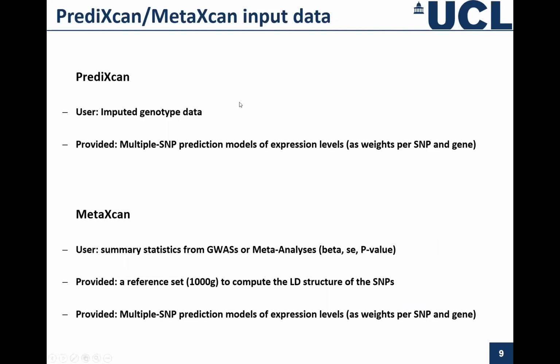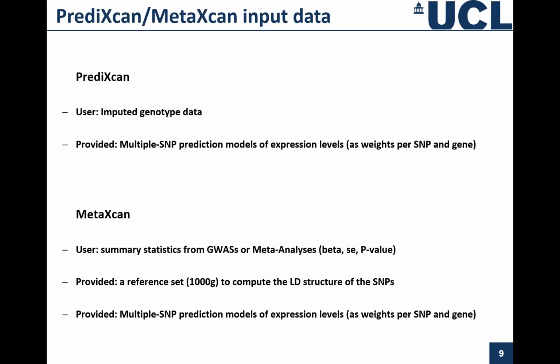So then, to emphasize the simplicity for the user, especially of the whole methodology: for PredictXcan, the user just has to come up with genotype data, which have to be imputed, and the prediction models for gene expression are provided. This is it.